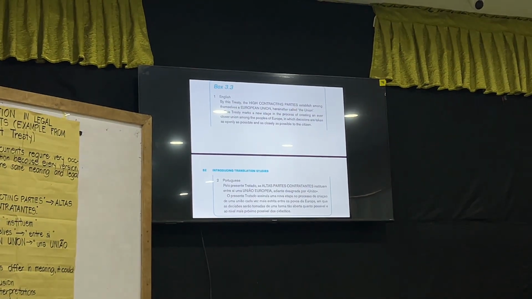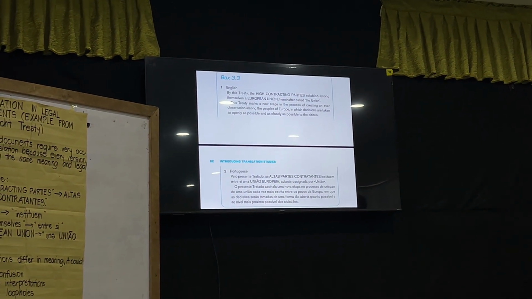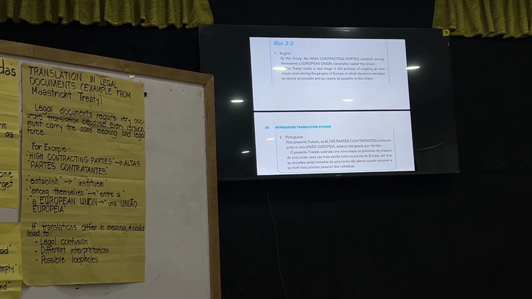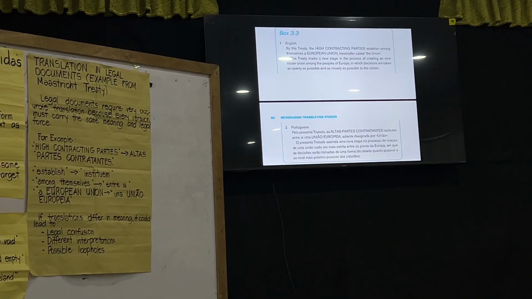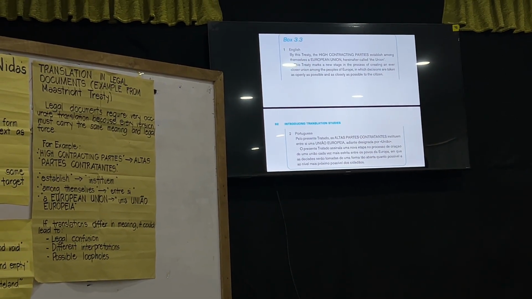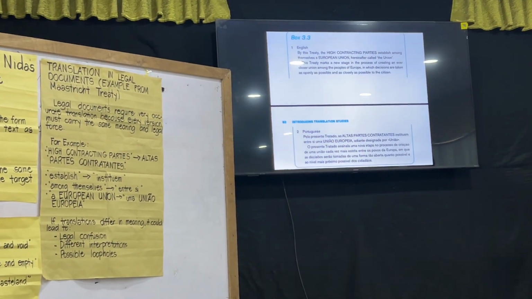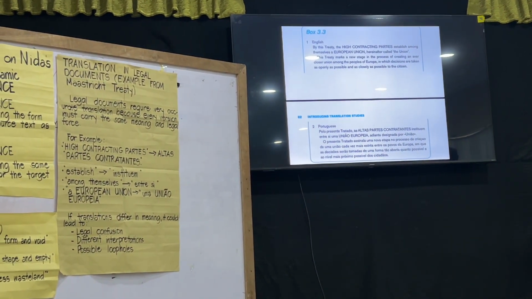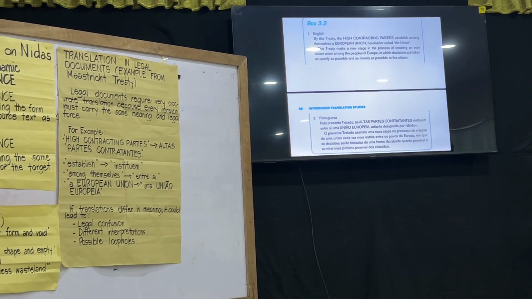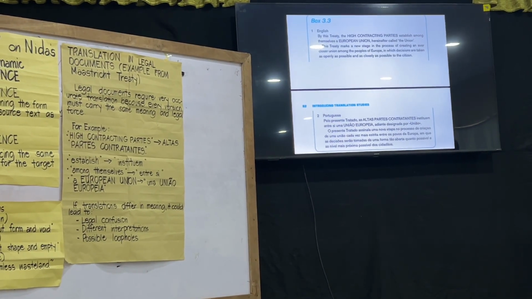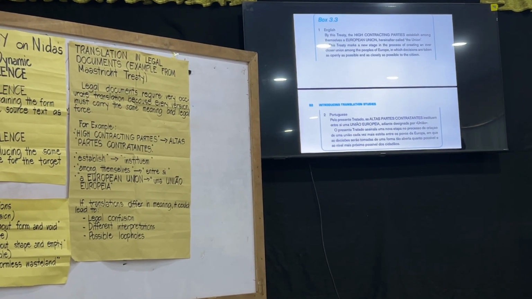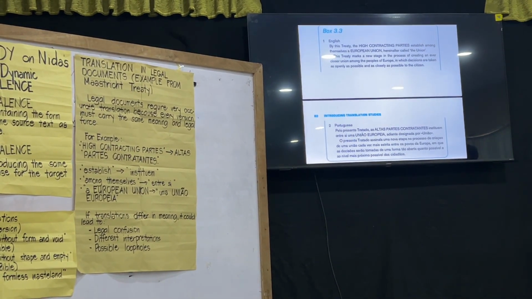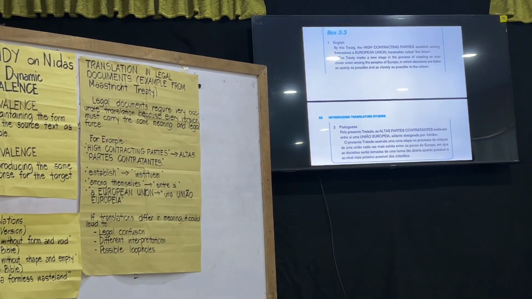So, let us look at these lines. The first one in English is high contracting parties. In Portuguese, we have altas partes contratantes. As you notice, the wording is the same, with changes in syntax and exchanged words to keep the same meaning.